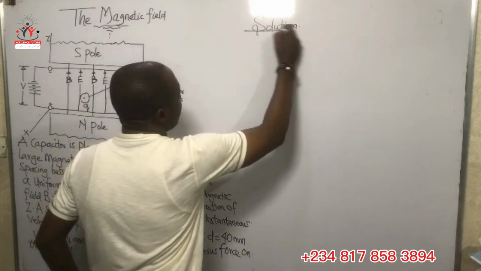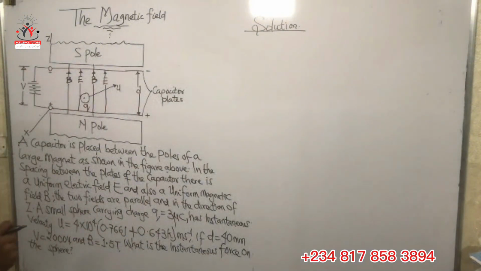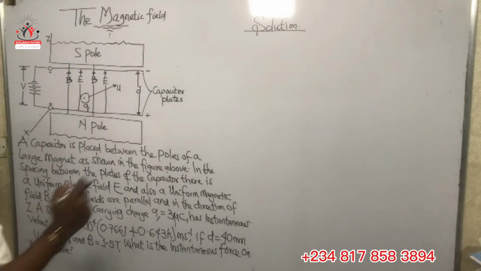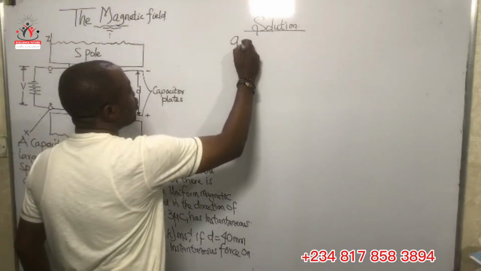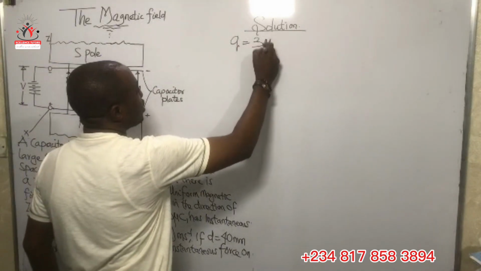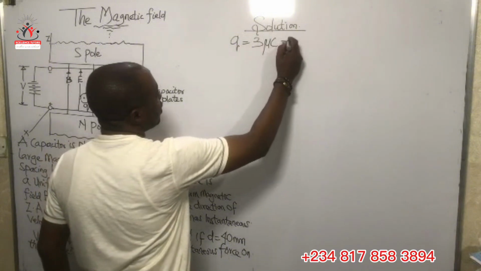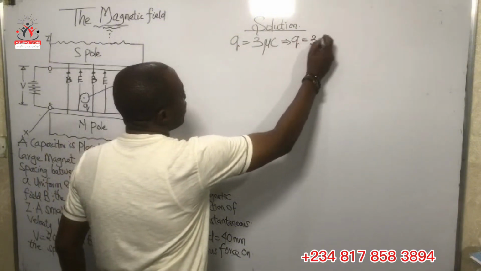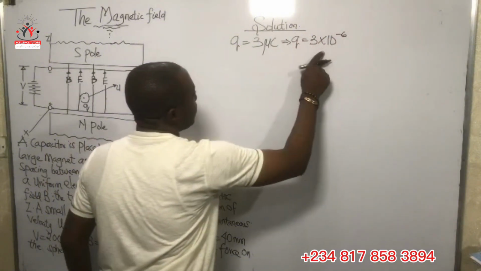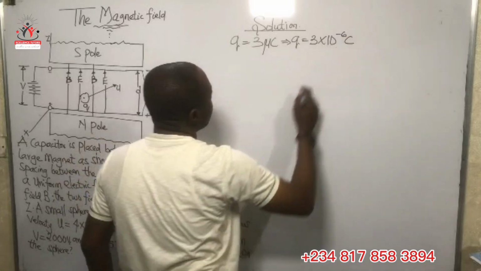Now, let's have our solution. What is the instantaneous force on the sphere? We know that the magnitude of the charge we are given is 3 microcoulomb, and that will be 3 times 10 raised to the power of minus 6 coulombs.